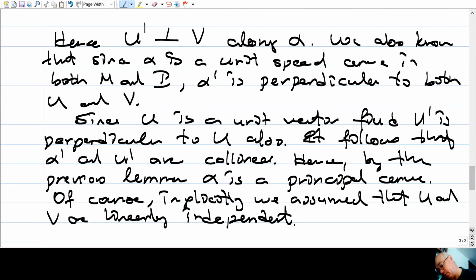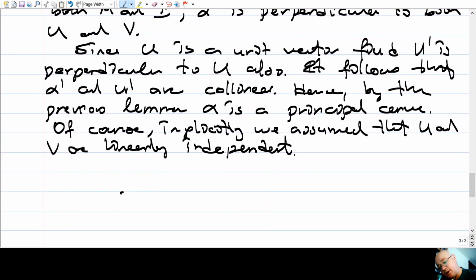Here is the vector U and here is the vector V. And we have two vectors which are perpendicular to both of them. One of them is alpha prime, the other one is U prime. So U prime is something like this, which is perpendicular to both of them. And alpha prime is another vector which is perpendicular to both of them. So I have this.